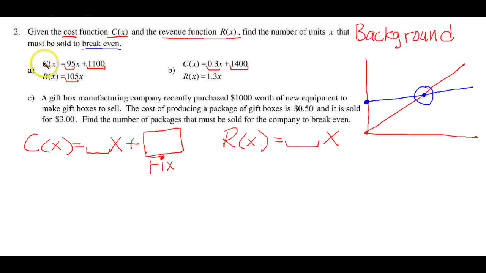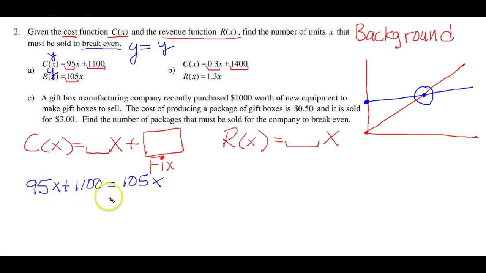Well, think of this function as a y. We said we could always substitute a y for this. And in a sense, we have y equals y. So for part a over here, we could say 95x plus 1100 equals 105x. So we're equating each of these y's to each other, a form of substitution.